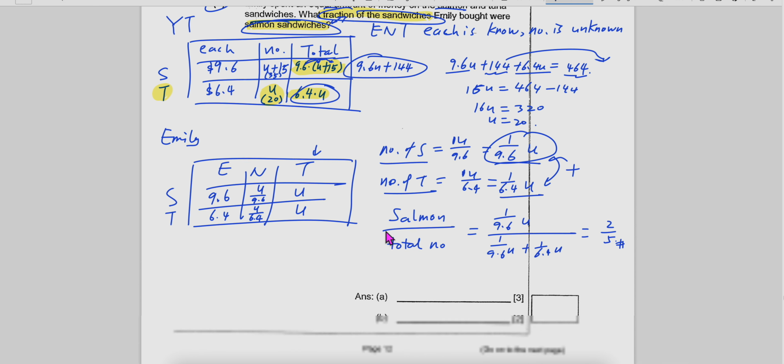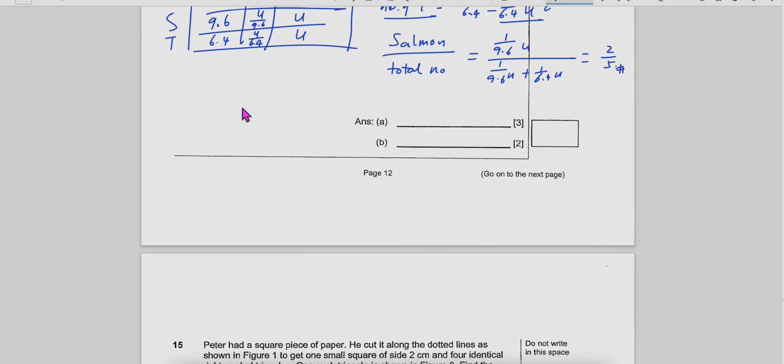So this question, I think part B. You can see another question: let's say you have 20 red, you have 30 blue. If I ask you for the fraction of red, how do you get this? The fraction of red equals 20 over the total, which is 20 plus 30.